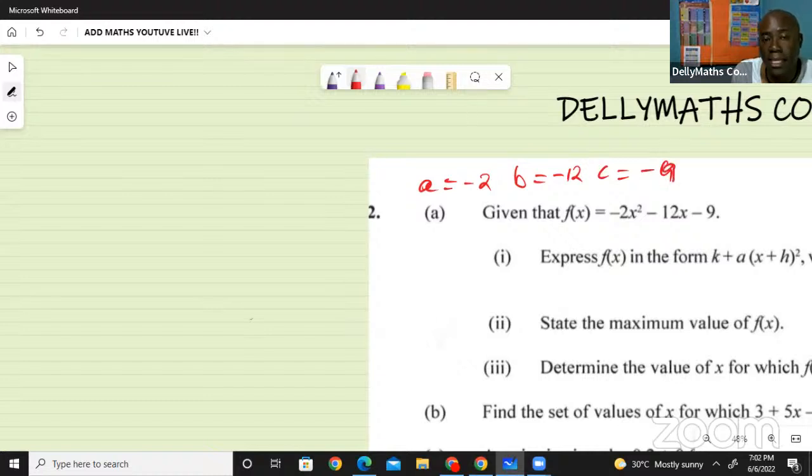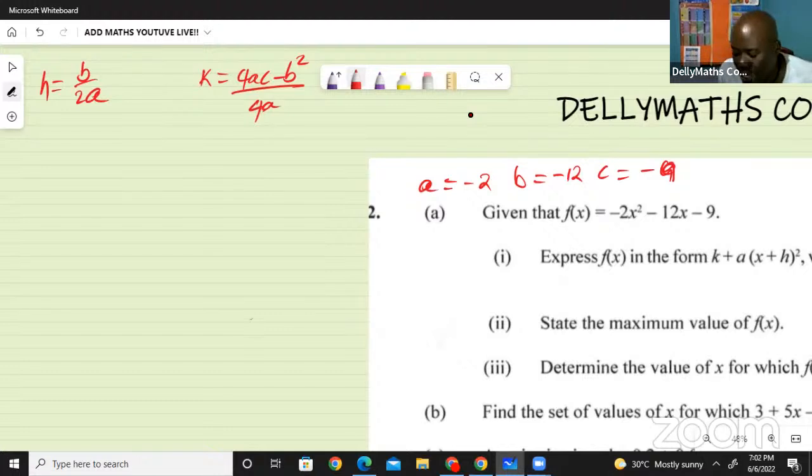When I'm completing the square, I only need to find a value for H, which is B over 2A, and then a value for K, which is 4AC minus B squared all over 4A. I could also represent this part another way, but we'll get back the same answer, so I'm not going to focus on that.